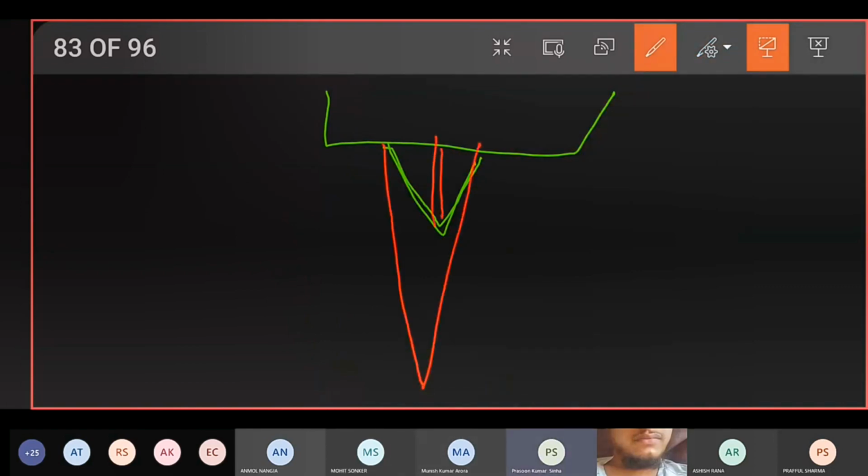You can see in the first case that there is a difference between the two, but when we go down, there is very little difference between the two. So this Pythagoras error is significant in shallow waters.